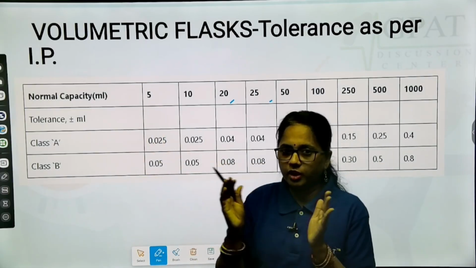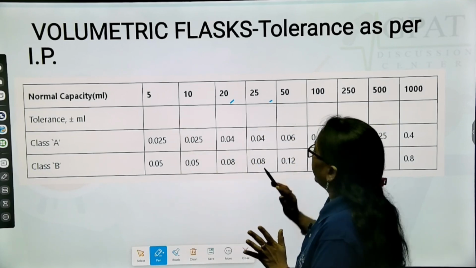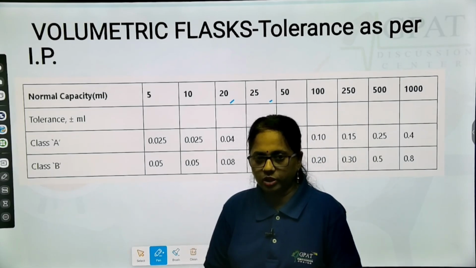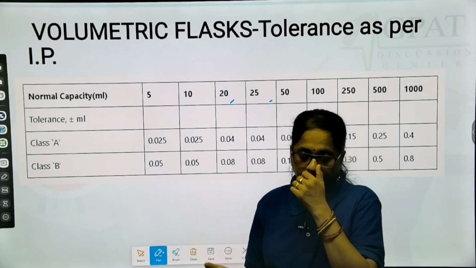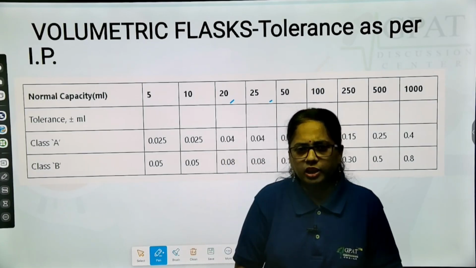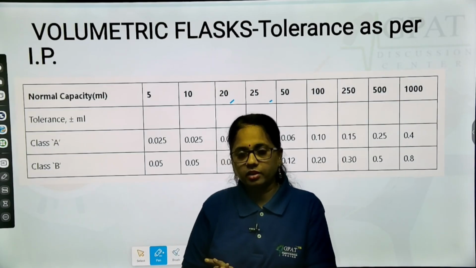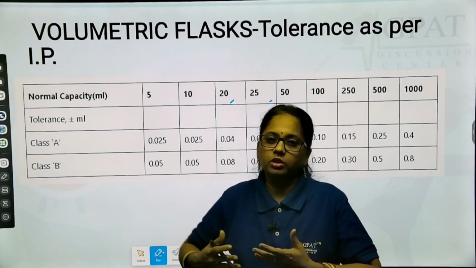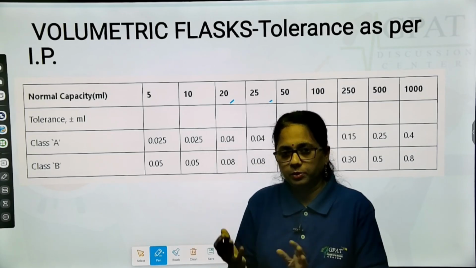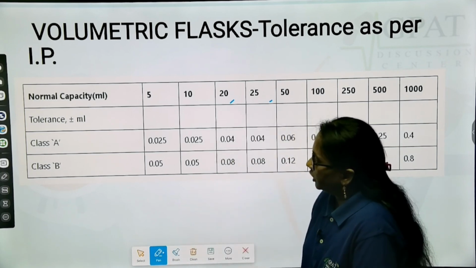So the range of 5 to 500 ml is the optimal range in normal laboratory experiments. But if you use very high capacity glassware like 2 liters or 5 liters, the tolerance window is also going to be larger, so errors could be larger.